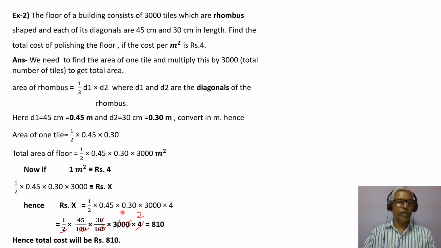So these 2 into these 3 into these 3 into 45. So 45 into, what is that? This will be 90 into 9 is 810. So the total cost will be rupees 810. Got it? So this is the answer.